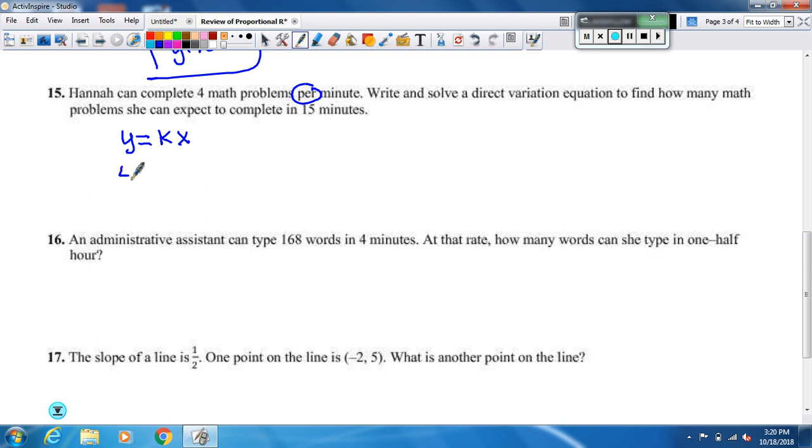So we've got y equals k times, it just says minute, so that means 1 minute. Okay, so you have to ask yourself, what times 1 equals 4? So k equals 4. So then you go back and continue, find out how many math problems she can expect to complete in 15 minutes. So 4 times 15, she can complete 60 problems.